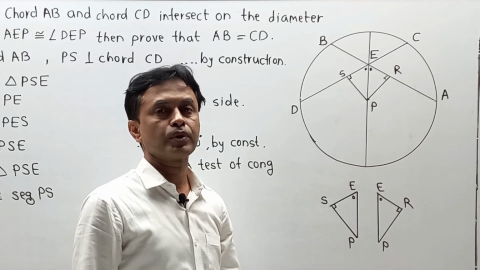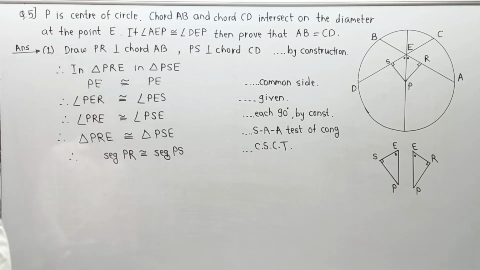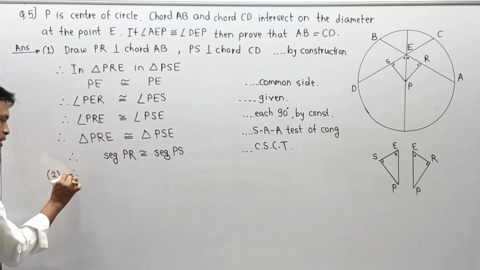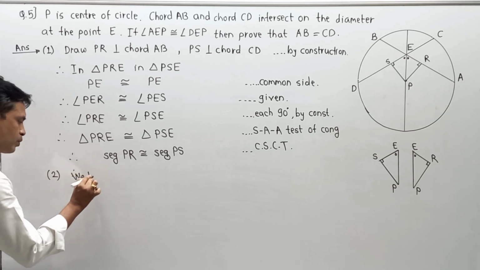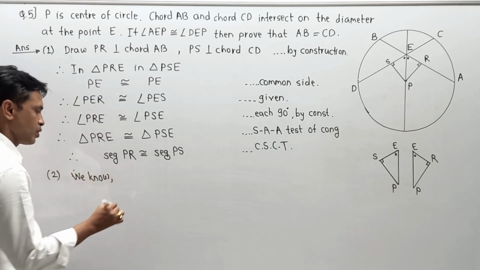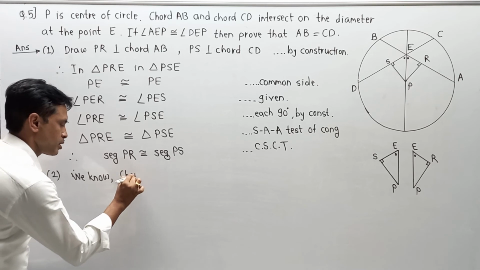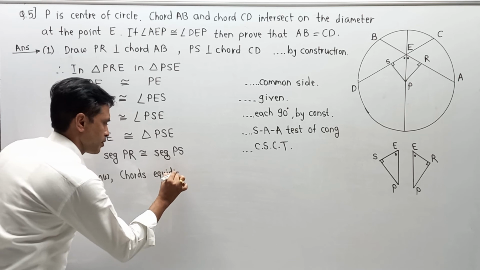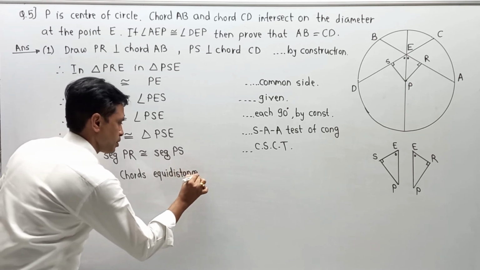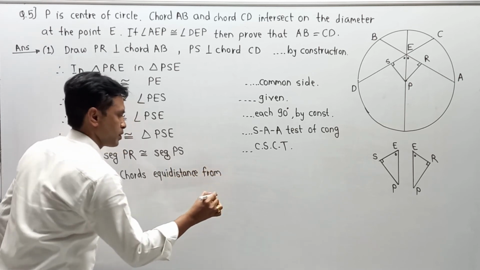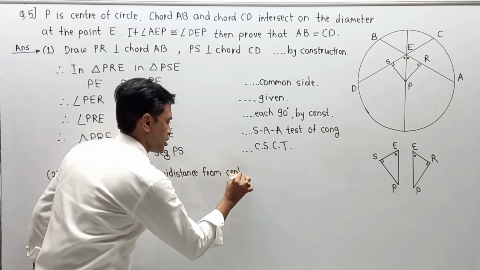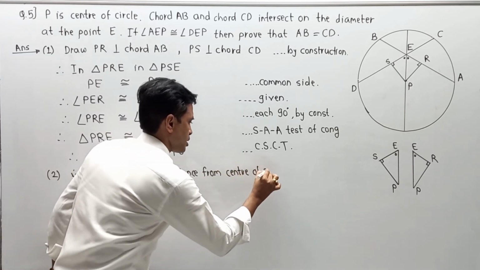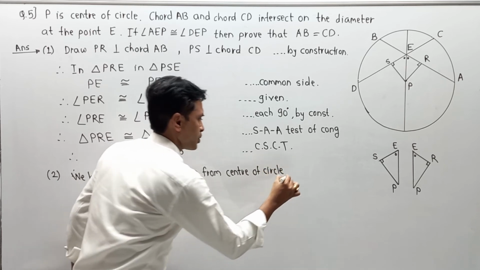So applying this part over here, we know chords equidistant from the center of a circle are congruent.